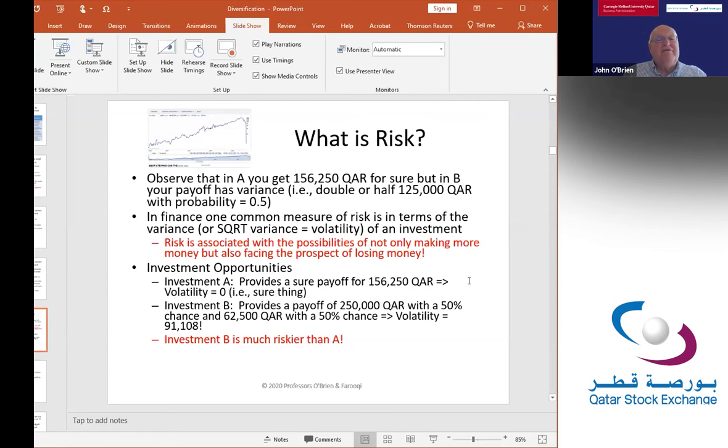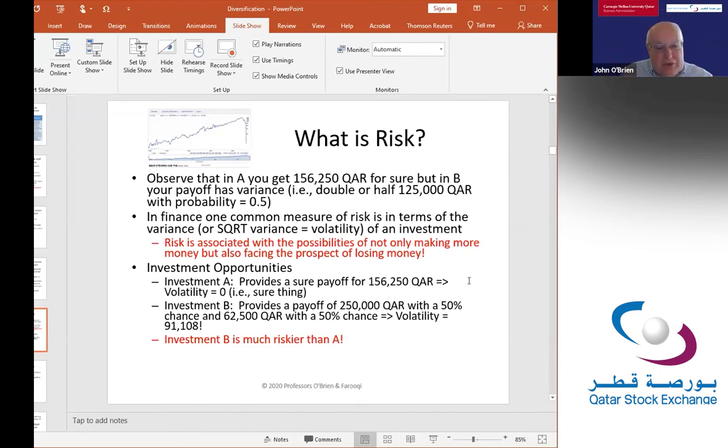So another common measure in finance is a measure of risk associated with the prospect that you can lose money, okay? With investment opportunities, we don't actually just give you an investment opportunity. You actually have to pay for an investment opportunity. So now in this new question, we're changing investment A a little so that it gives you a sure payout of 156,250 riyals, with zero volatility.